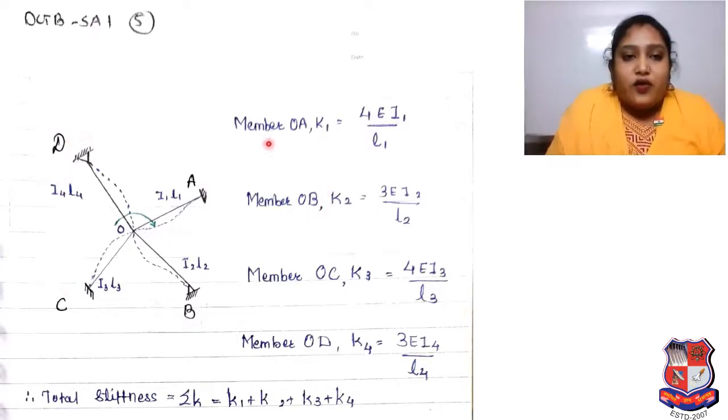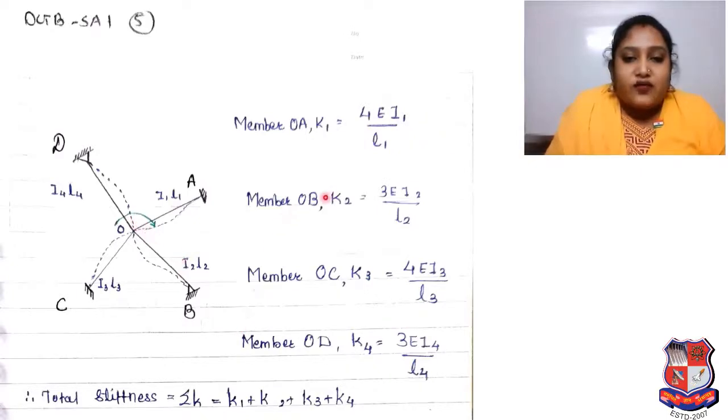For member OA, the stiffness K1 will be 4EI1 upon L1, as per our stiffness conditions for the far end fixed. Now we will consider OB.